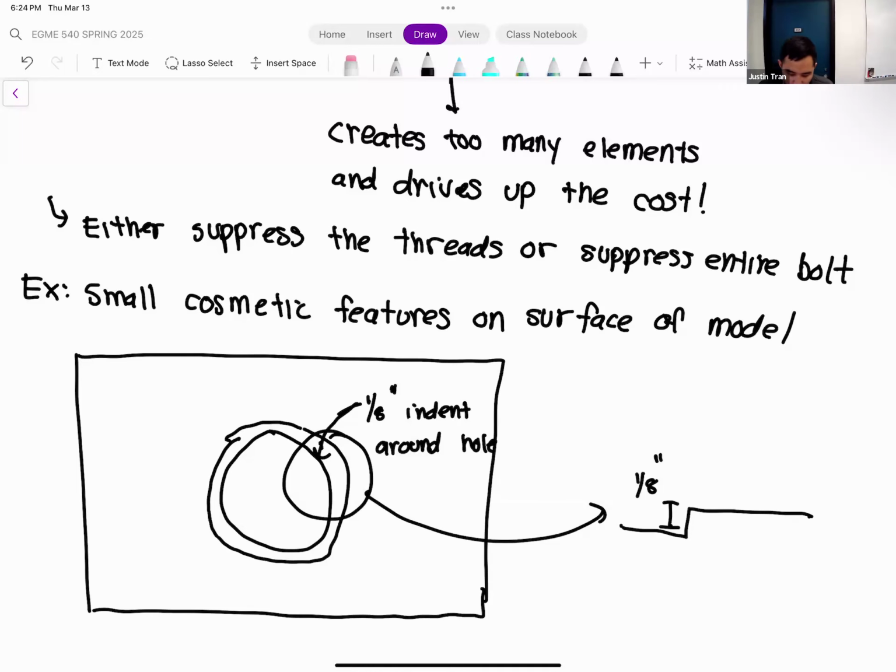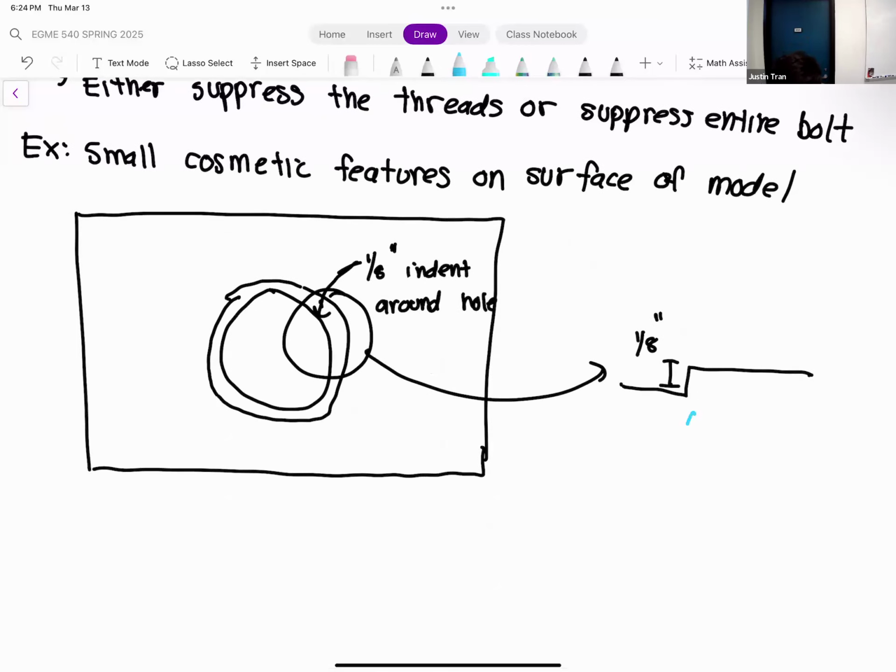So ANSYS is going to see this and say, all right, I need to make my mesh smaller to capture this detail well, again because of the patch conforming method that ANSYS likes to do.